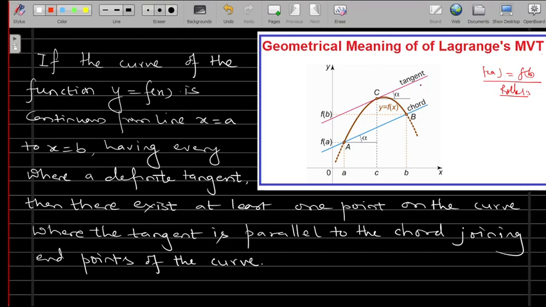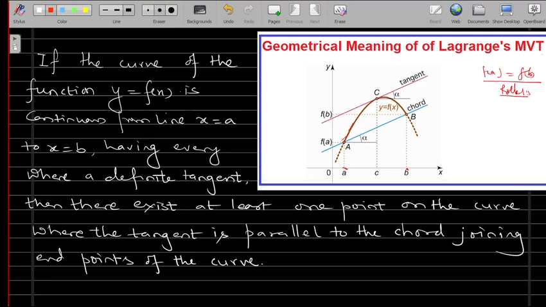The condition is that the curve of the function y equal to f of x is continuous from the line x equal to a to the line x equal to b, having everywhere a definite tangent.